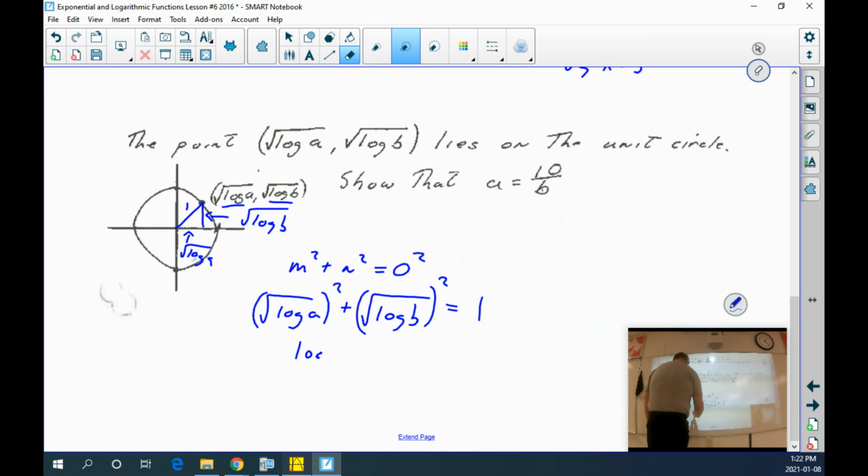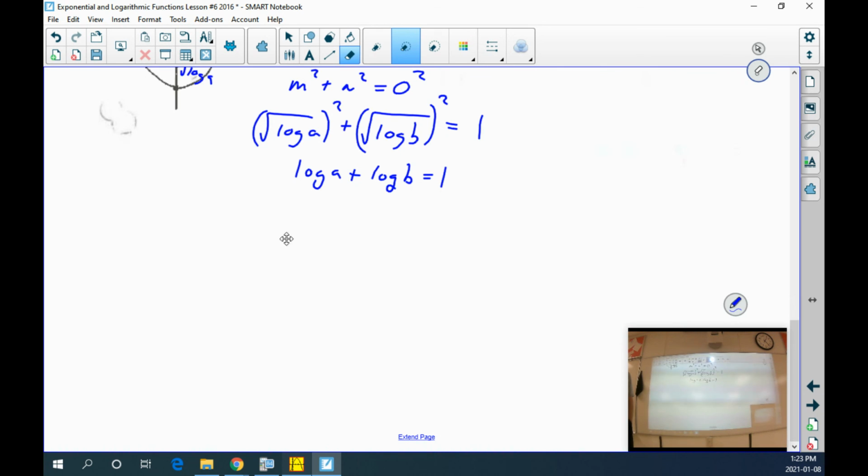We have log A plus log B is equal to 1. Well, we're not quite there yet, but now I have the sum of two logarithms. I can replace everything on that left-hand side with the logarithm of the product.